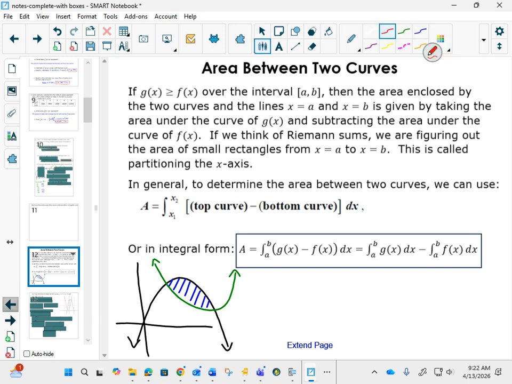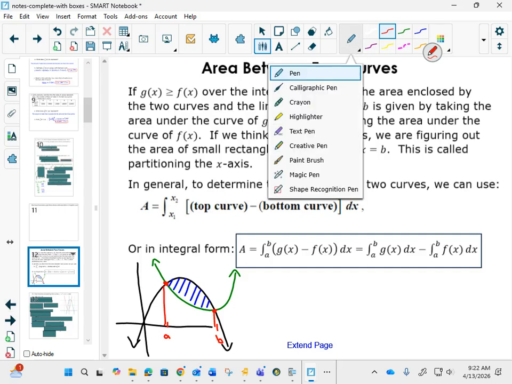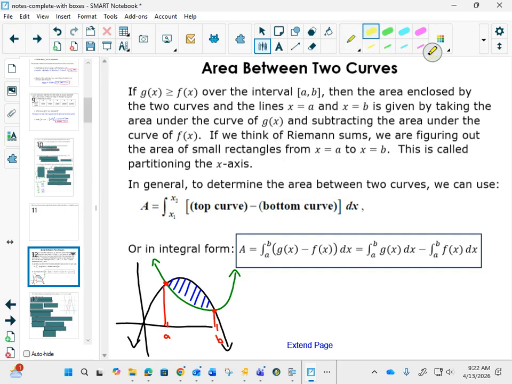Does it make sense that this point A and this point B will be important? In fact, if I find the area under the black curve from A to B, I can take out a highlighter and highlight that in blue. That would be this whole area, right?